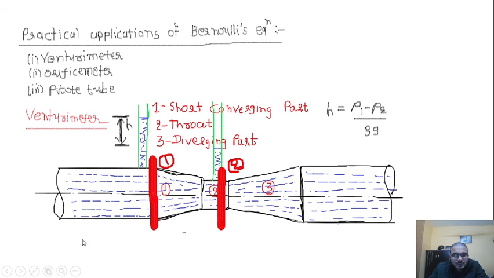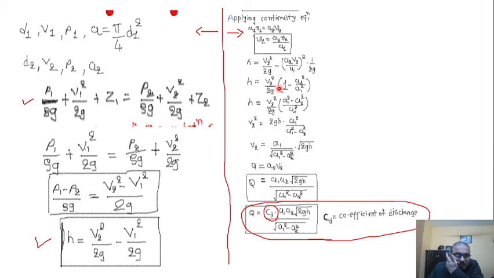Today we started with revision of the Venturi meter, and here after applying the continuity equation we obtained the value of V1 and substituted it in our previous lecture's equation, and finally we obtained the value of V2 and then the value of flow rate Q, which is equal to A1A2 into square root of 2gh divided by square root of A1 square minus A2 square. To consider the losses, we introduced a factor Cd, that is the coefficient of discharge.